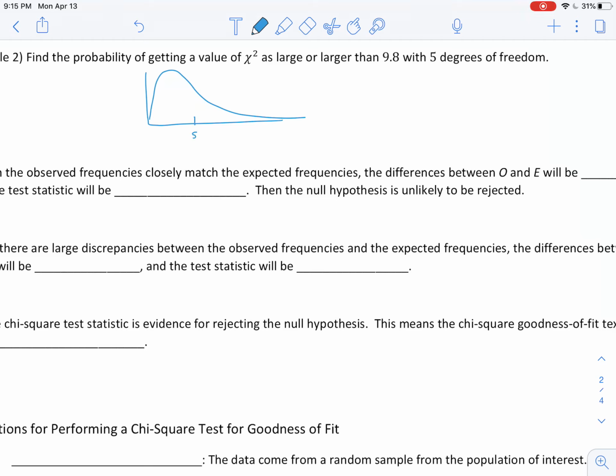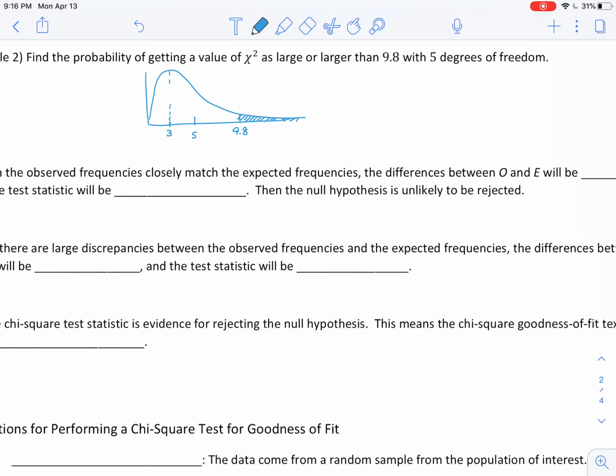So not really important, but the mean of a chi-square distribution will always be its degree of freedom. So if I picture where the balance point would be, that'll happen at the degree of freedom. And then the mode, the peak of it, will always be the degree of freedom minus 2. So if you're trying to sketch it slightly more accurately, you could do it that way. 9.8 would be somewhere up here. I would like the probability of being here or above.